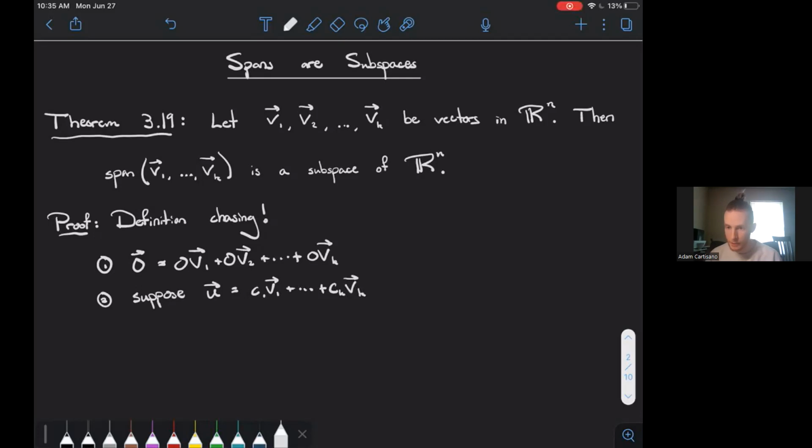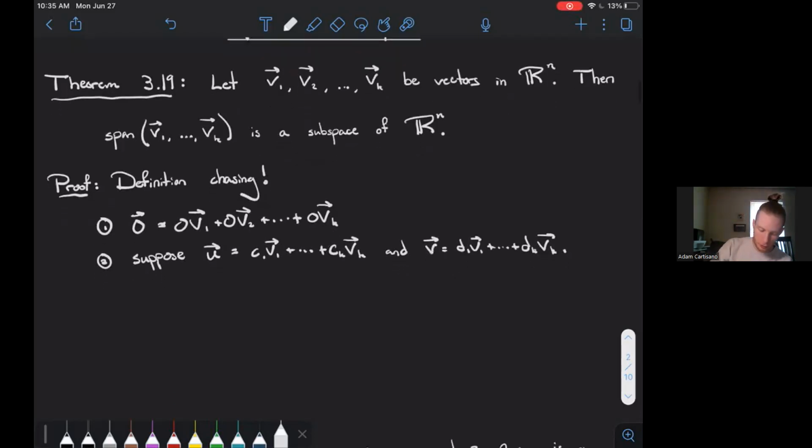So U will be some linear combination of these vectors, and V will be d1 v1, all the way up to dk vk. Okay, so this will be another linear combination of those vectors.